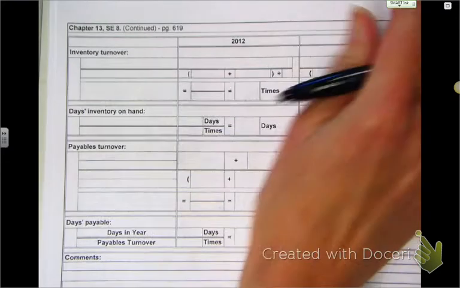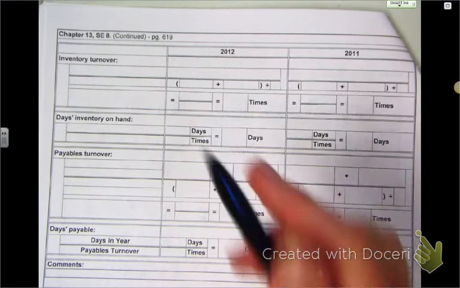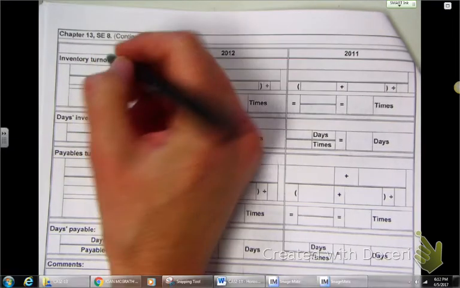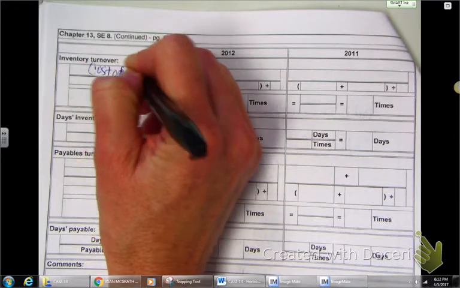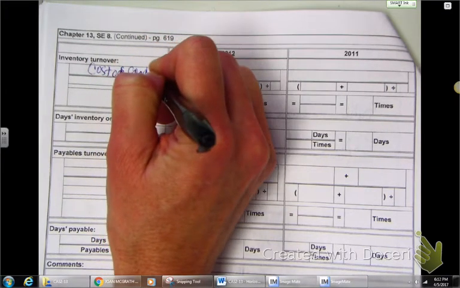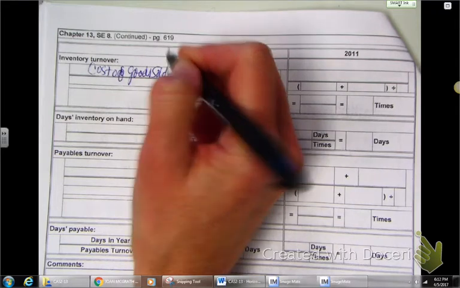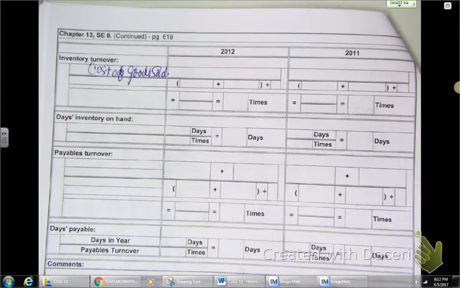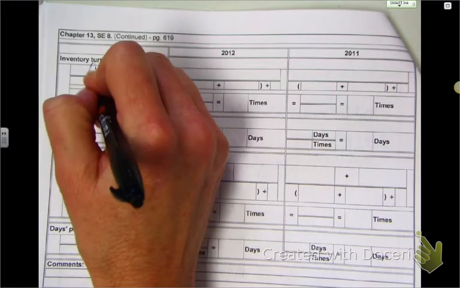Let's look at our inventory turnover. So for inventory turnover, we're going to take the formula of cost of goods sold and divide that by the average inventory.